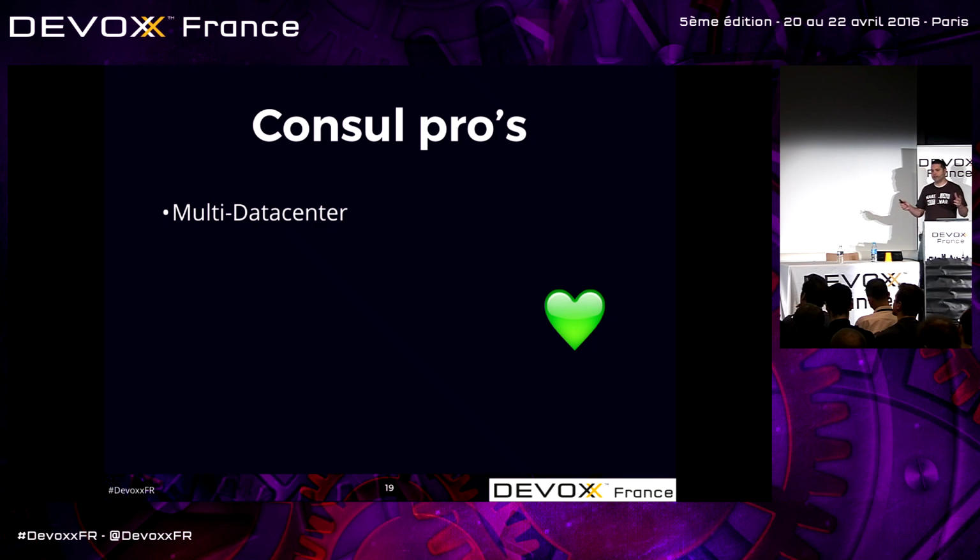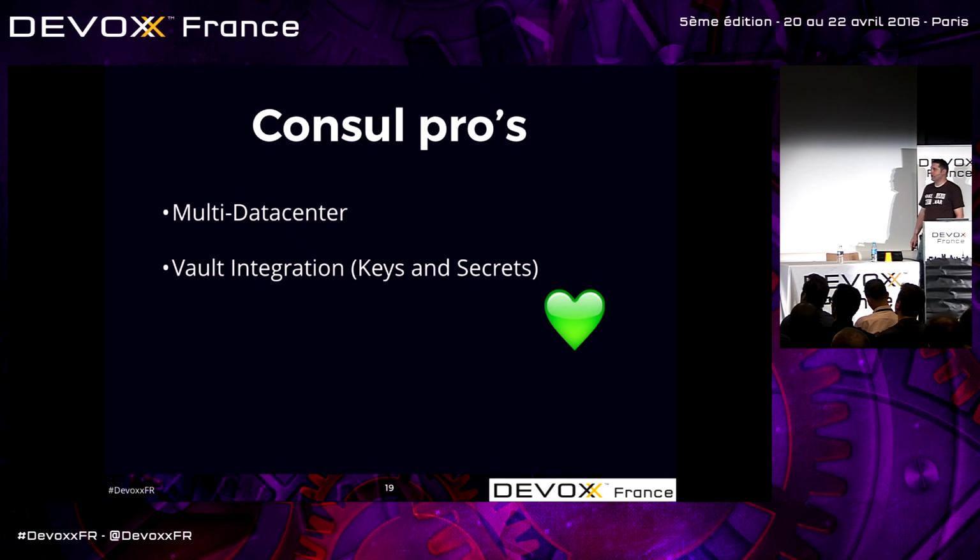It has data centers as a top-level concept, so you can run Consul in multiple data centers and they will all communicate. By default, you'll get answers for your local data center, but you can ask to go remotely. Consul has some Vault integration, which I hope to demo here in a few minutes. Vault manages keys and secrets.